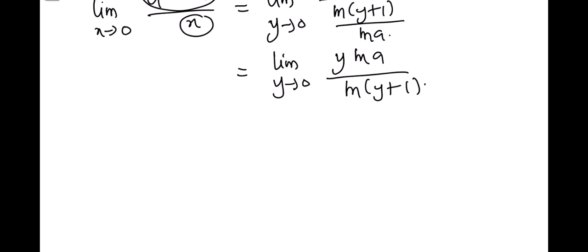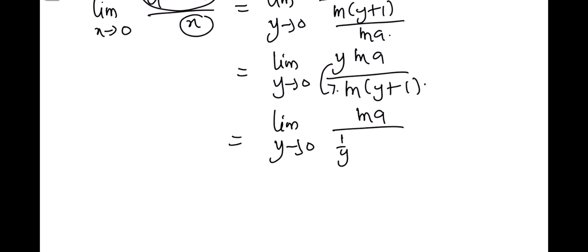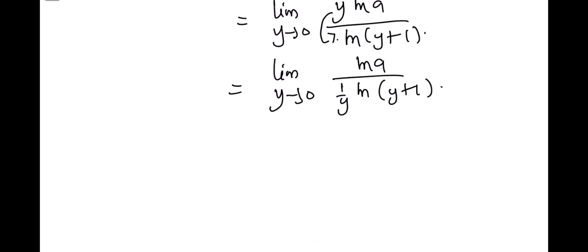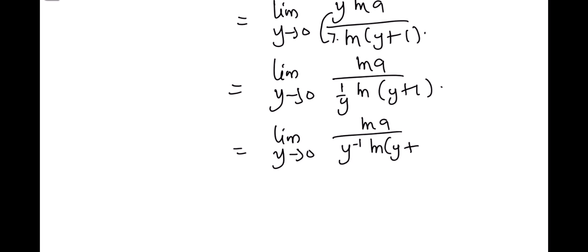Now from here, we need to do some manipulations. We'll let this y come down here. Now by doing that, we have the limit as y approaches 0 of ln a all over 1 over y ln(y plus 1). You know, this y can go back and multiply. We can also write the limit as y goes to 0 of ln a all over y^(-1) ln(y plus 1).